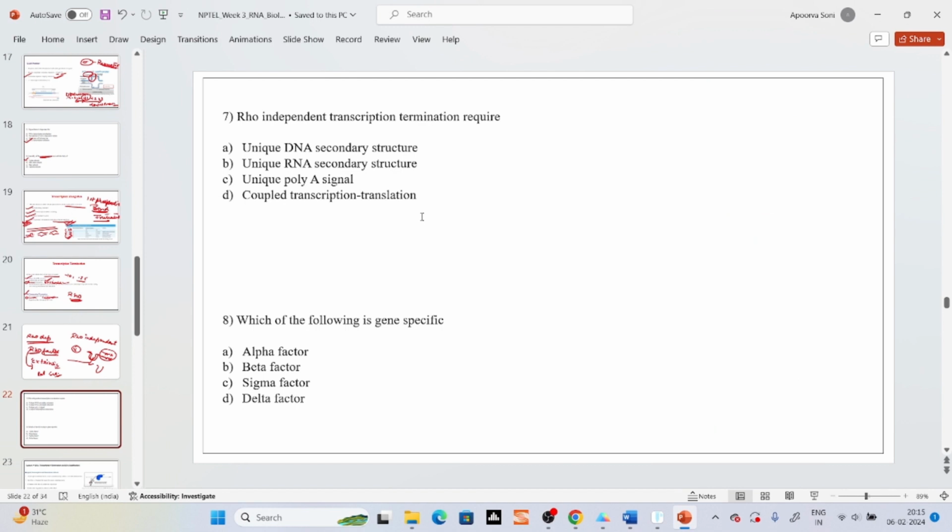That means unique DNA structure. So you think that DNA is forming a secondary structure? Hairpin loop is formed. In rho independent, the formation of hairpin loops takes place. And where does this hairpin loop take place? Tell me.